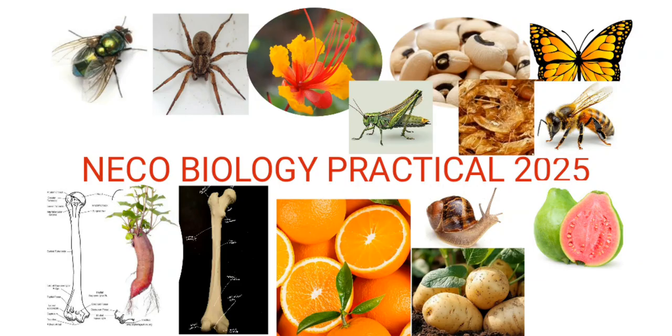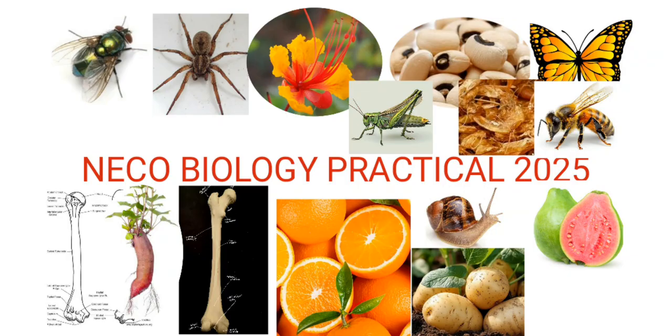Now, how about eyes? Crustacea has a pair of stalk eyes. Insecta have a pair of compound eyes. Then Arachnida, which is spider, has 8 simple eyes.